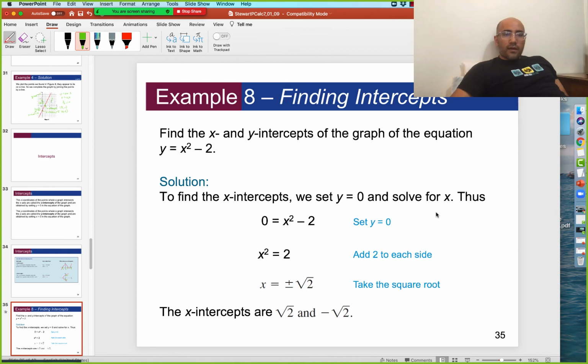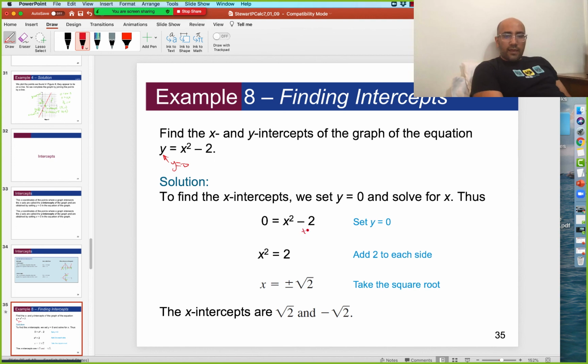Good. For example, find the x and y-intercepts of this equation: y equals x squared minus 2. To find all the x-intercepts, we set y equal to 0. So 0 equals x squared minus 2. We plug in y equals 0 here, and that's how we get this.